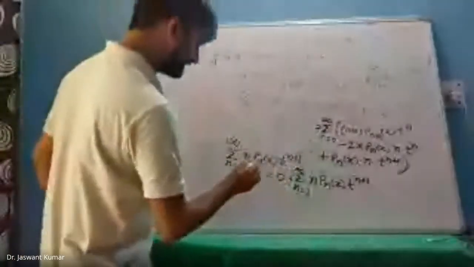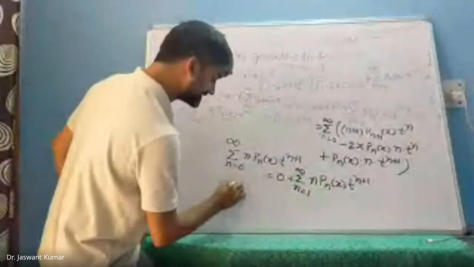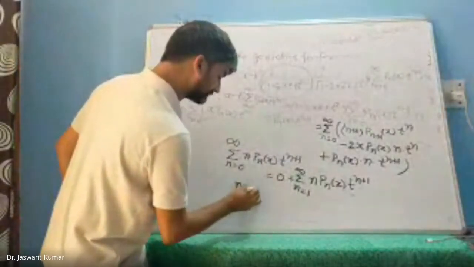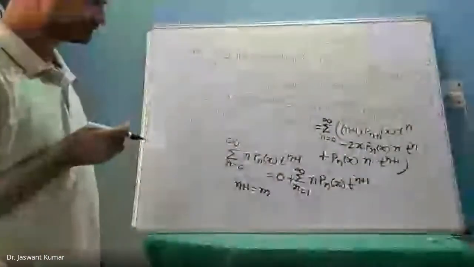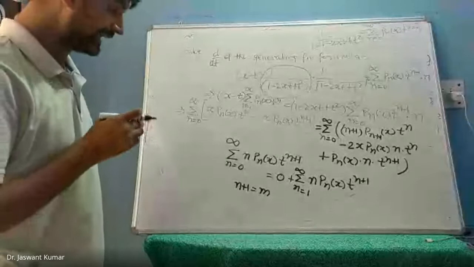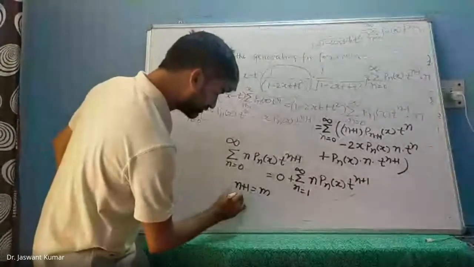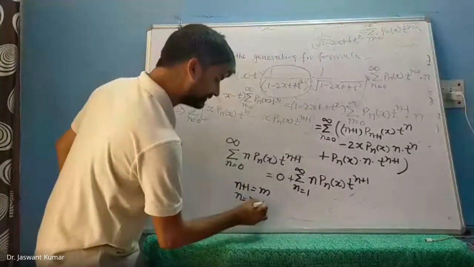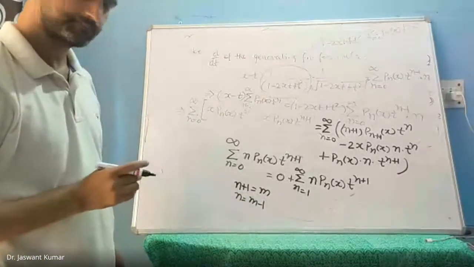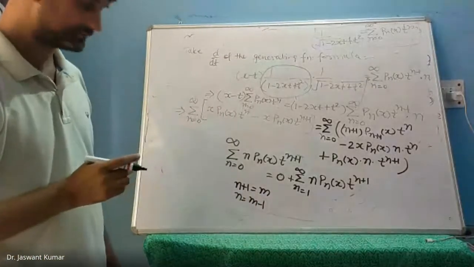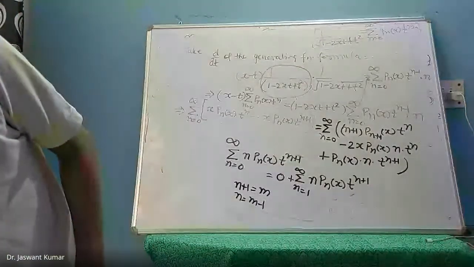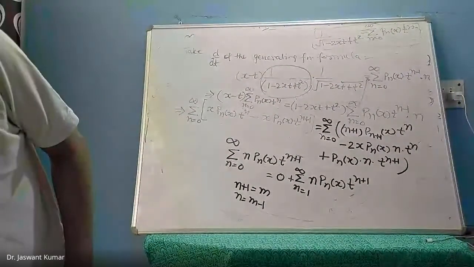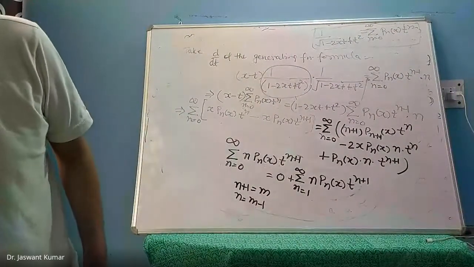Yes, sir. And then you once again do a change of variables. And this time the change of variable that you do is you put n plus 1 is equal to m. So if you put n plus 1 equal to m, then you are essentially putting n equal to m minus 1. Oh, this is not correct. Hold on.